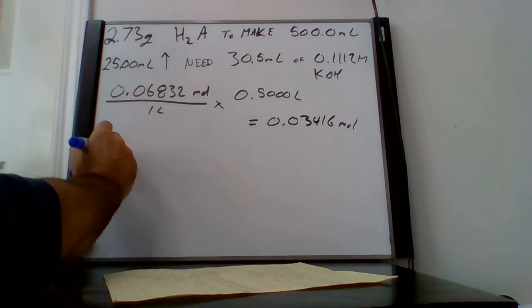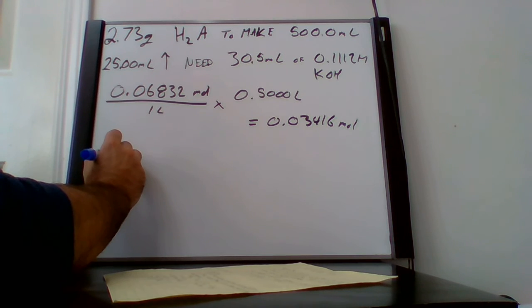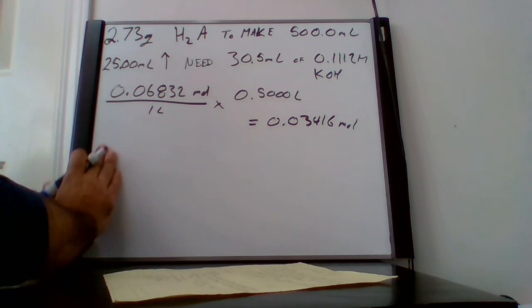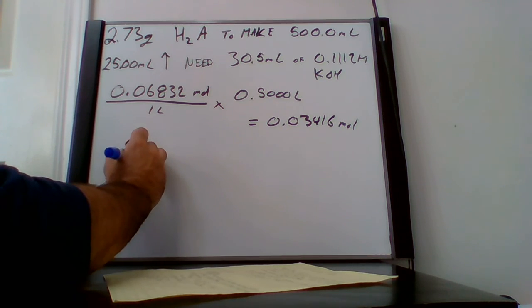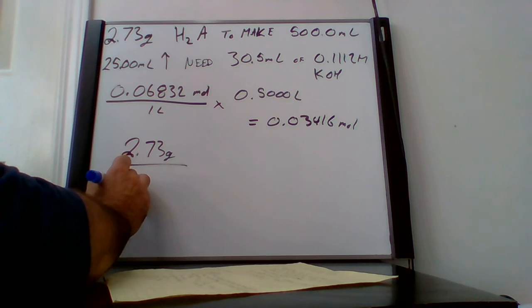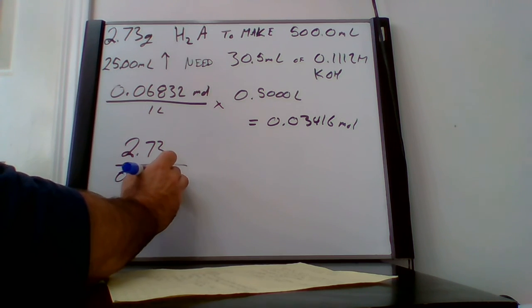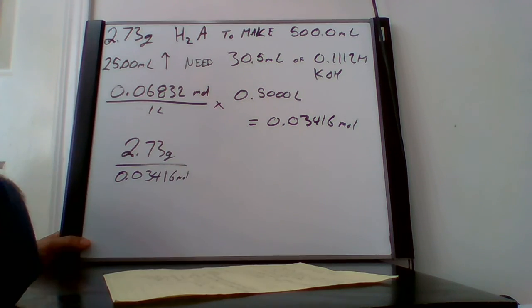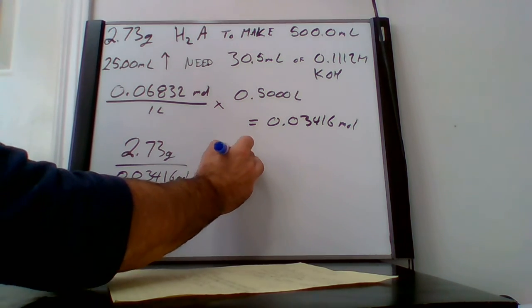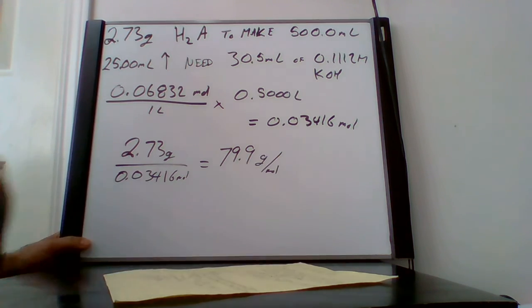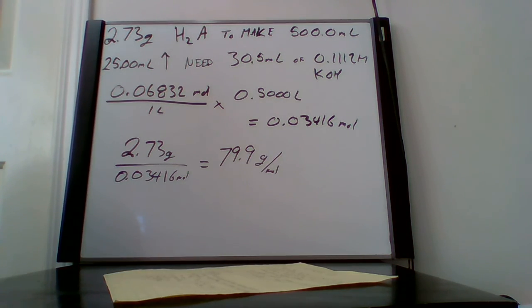Well, remember, molar mass is just grams per mole, right? Molar mass, grams per mole. So if I take my 2.73 grams of diprotic acid divided by the fact that that was 0.03416 moles, this gives me 79.9 grams per mole for this unknown diprotic acid.